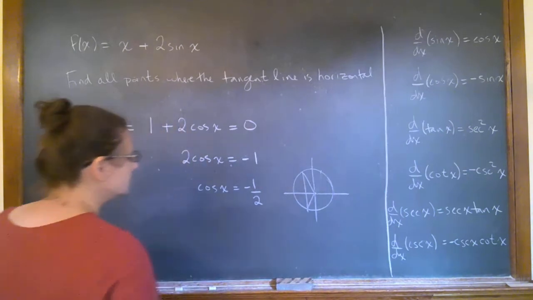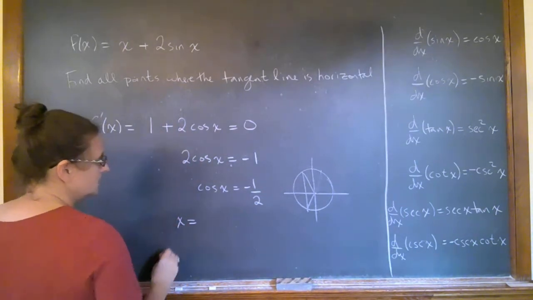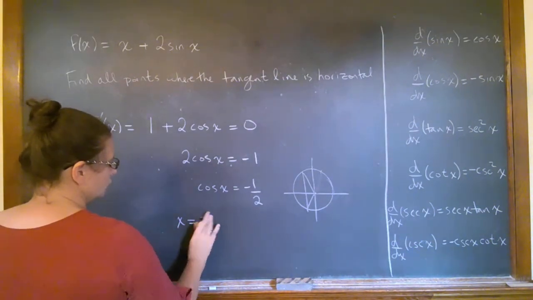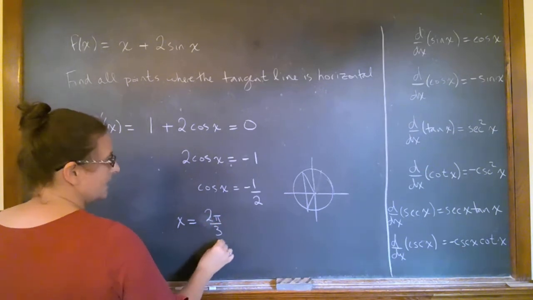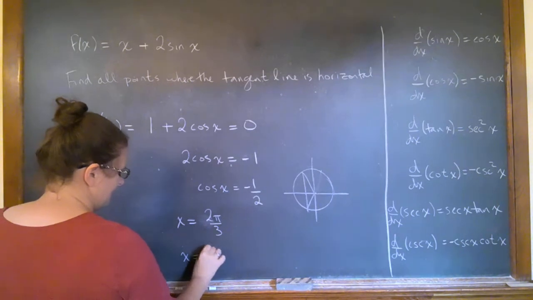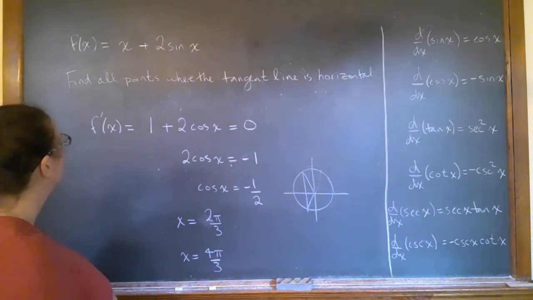So on my unit circle, then I would have x equals 2 pi over 3 and 4 pi over 3. Right? You know what?